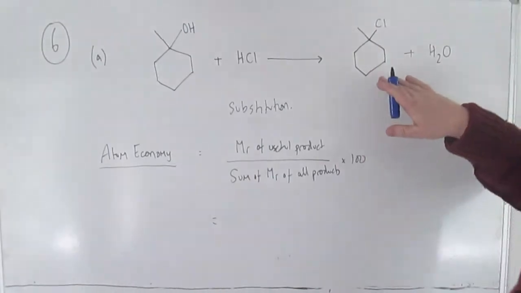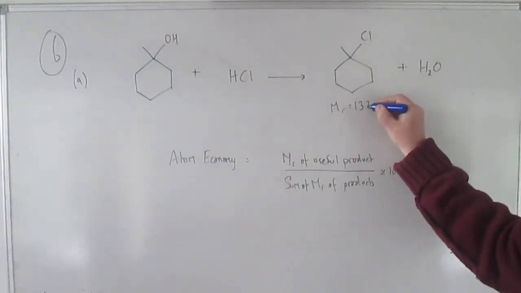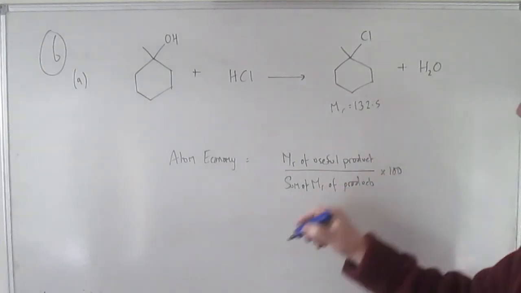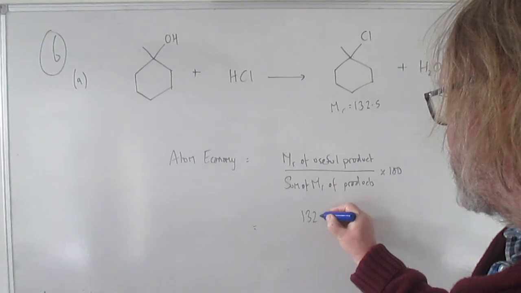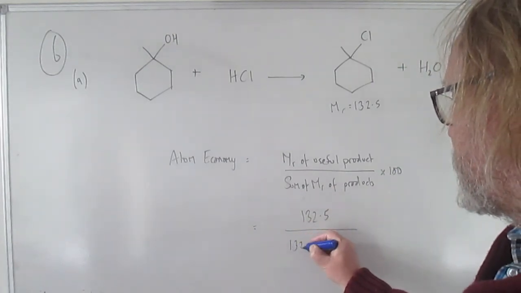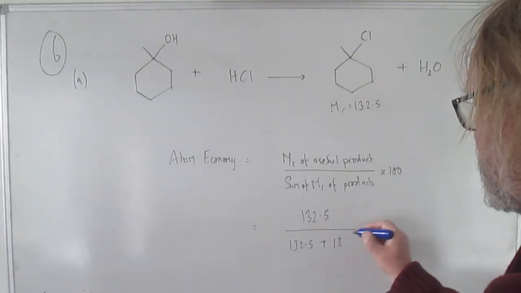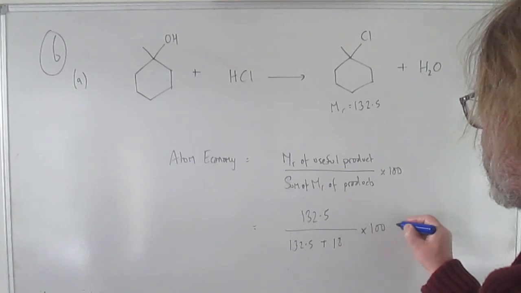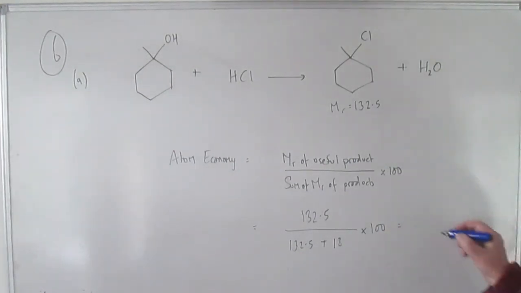So the MR of this is 132.5, so we can plug that in and get that the atom economy is 132.5, because that's the useful product, divided by 132.5 plus 18 for the water times 100, which works out as 88.0%.